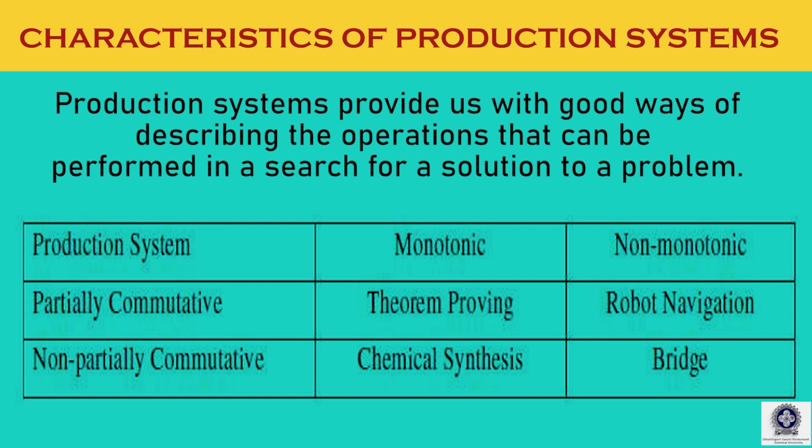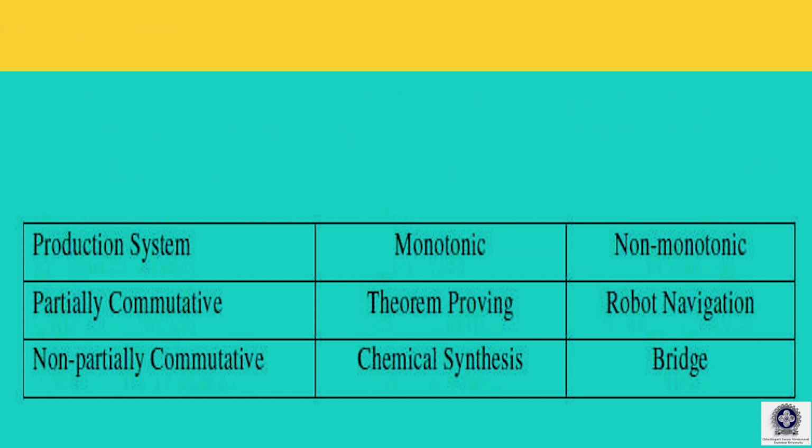In non-partially commutative, we can include chemical synthesis. In non-monotonic, partially commutative, we can involve robot navigation, and in non-monotonic, non-partially commutative, we can involve bridge.